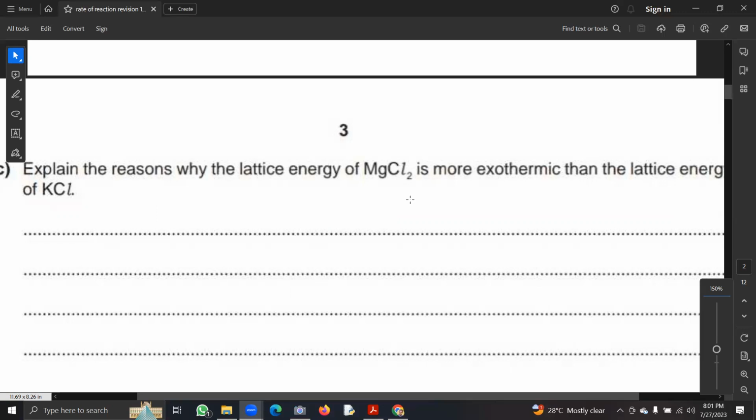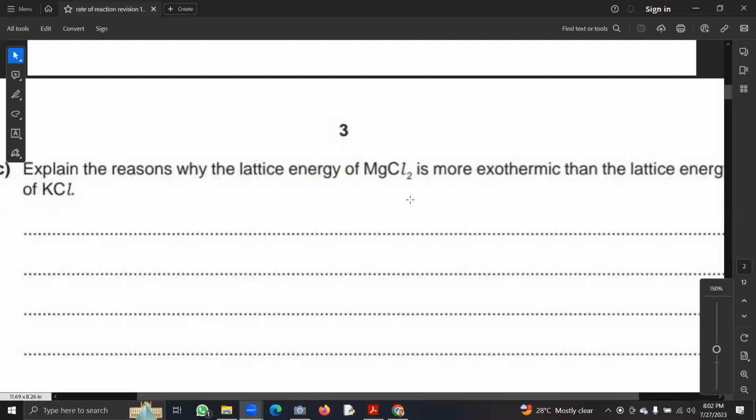Magnesium has 2 plus charge. Potassium has plus 1 charge. So the charge is more and the radius is less. Therefore, charge density is high, so there will be greater attraction between the magnesium 2 plus and chloride minus ions. It's the same question they asked in O-level, but now we use big words.